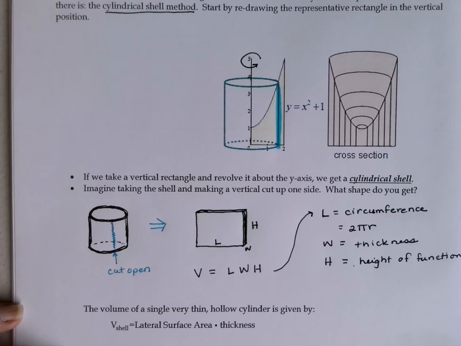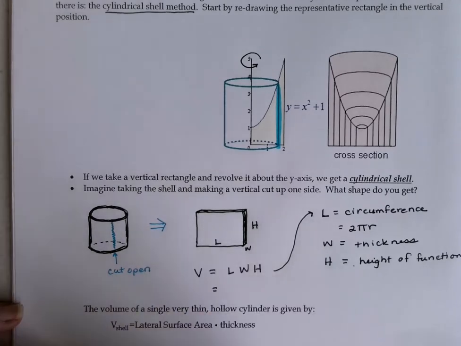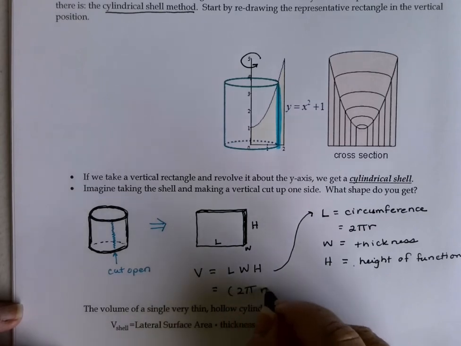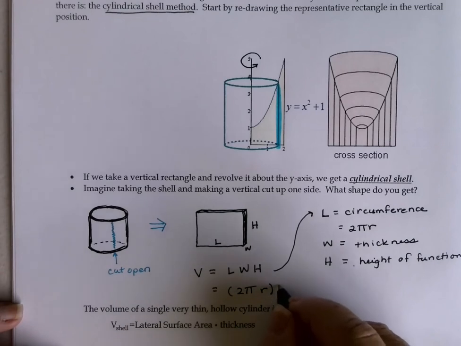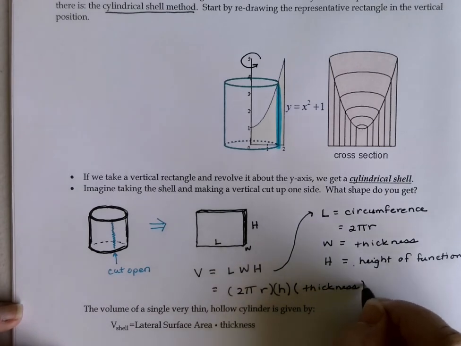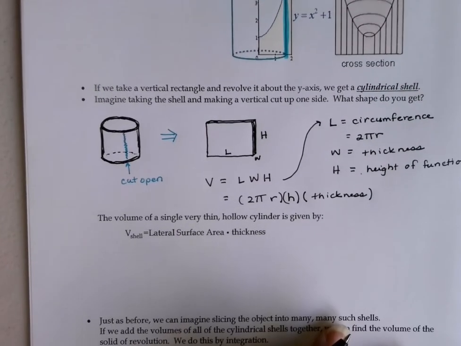So ultimately, when I do length times width times height, I'm going to have the length 2 pi r times the height, I'm just going to rearrange the order here, times the width, which is really the thickness. Okay. And that gives us the formula for the volume of a shell.